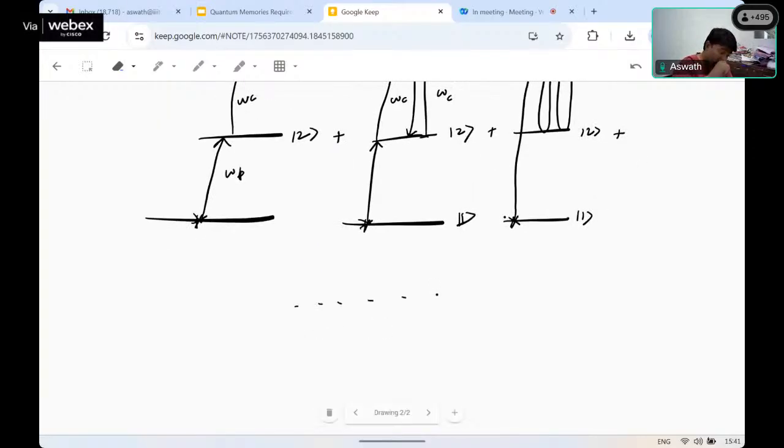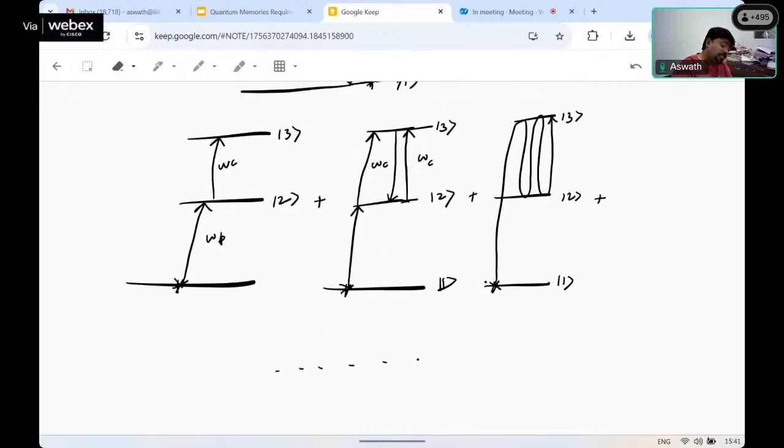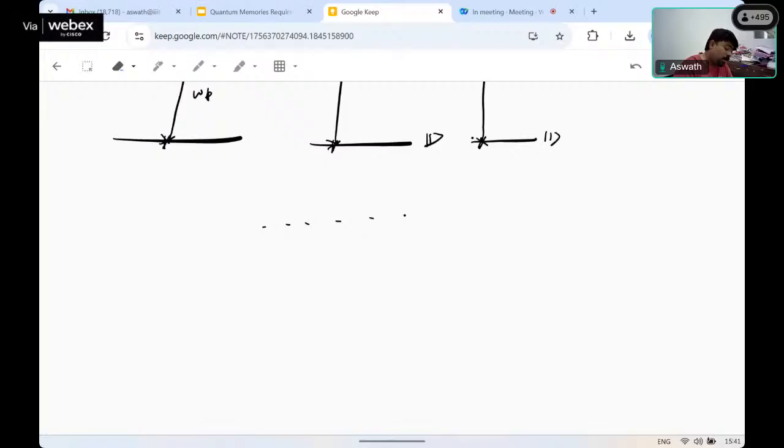Now remember, this is actually a combination of various paths. Because of these various paths, something called quantum interference takes place. Quantum interference is also known by the name quantum coherence.